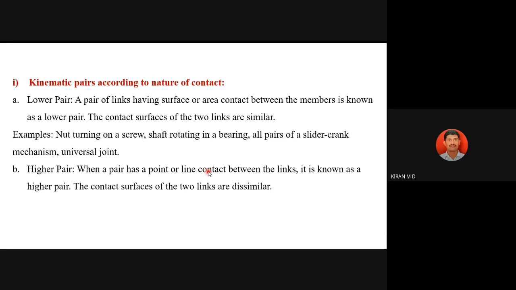In that case, the surface of the ball is circular, but the surface it rolls on is flat. Even for the roller, the roller surface is circular, but the flat surface is flat. So that is the reason we consider the surfaces of the two links as dissimilar. Okay, higher pair means point or line contact. Lower pair means surface or area contact. Is it clear?